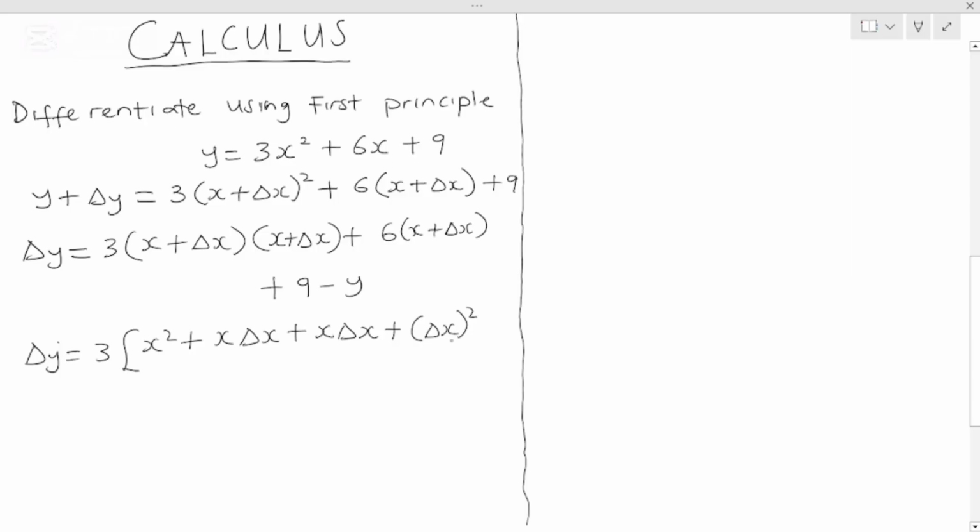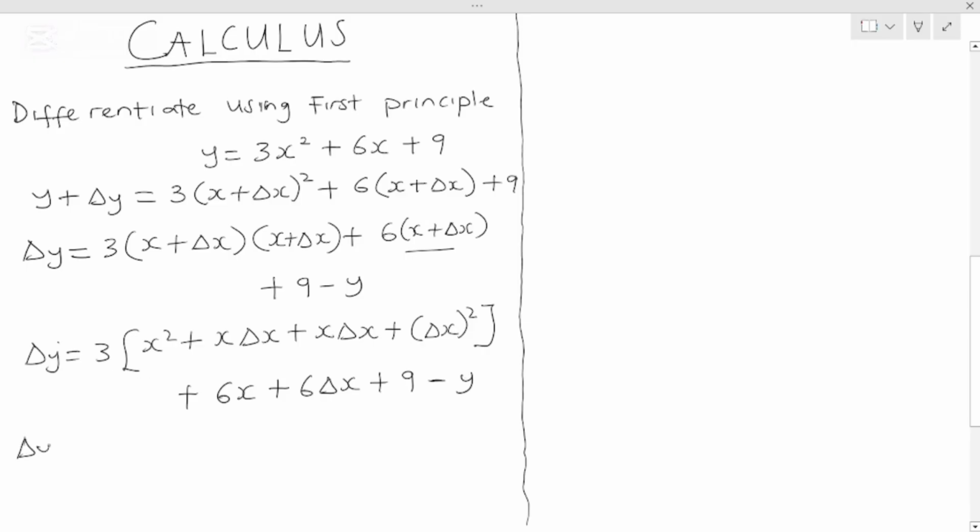So you have to be very careful. It is not change in x squared, but change in x all squared. Alright, so close the bracket, plus opening this bracket, 6x plus 6 change in x plus 9 minus y. So let's open this bracket.